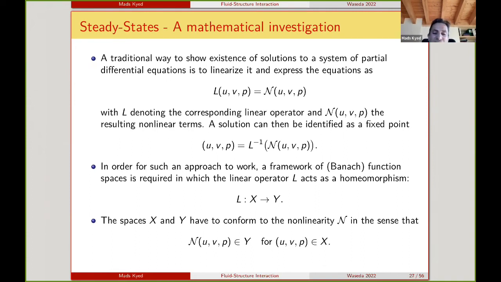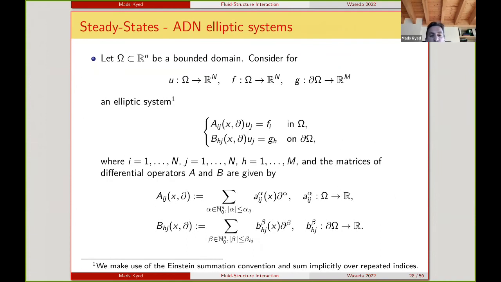So what I'm saying here is, we need a framework of function spaces such that our linear partial differential equation after linearization is a homeomorphism, and a framework that conforms to the nonlinearity. So that all of this works.